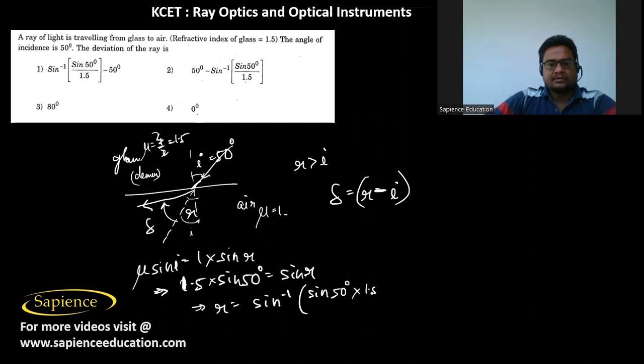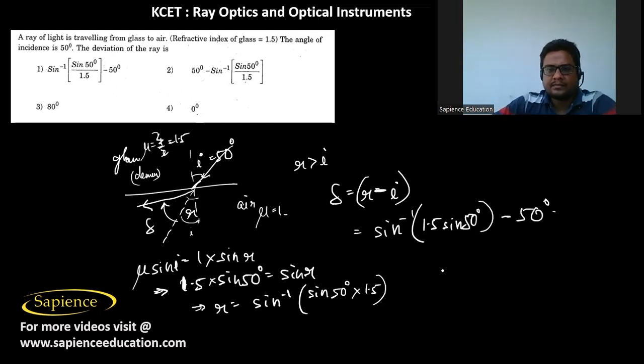So the angle of deviation will be sine inverse of 1.5 sine 50 degree minus 50 degree.